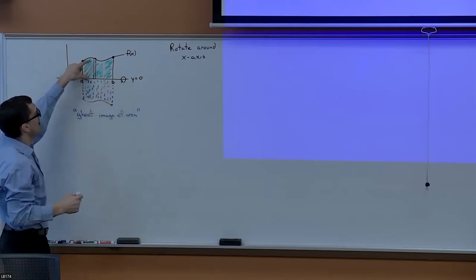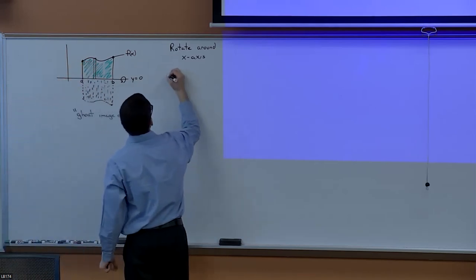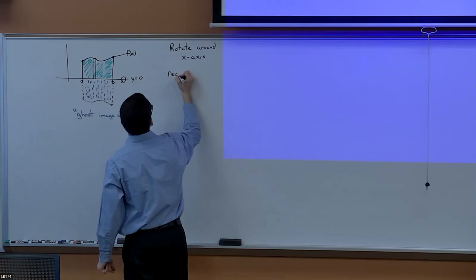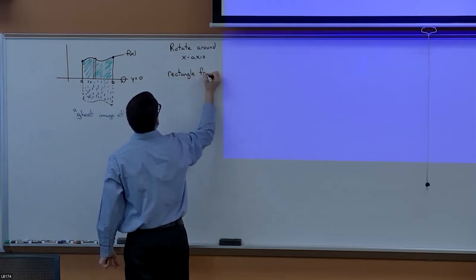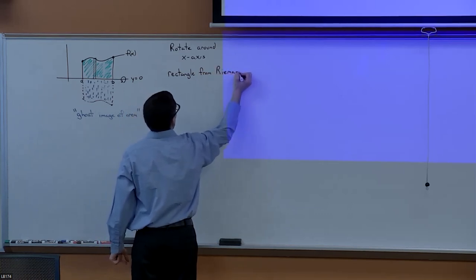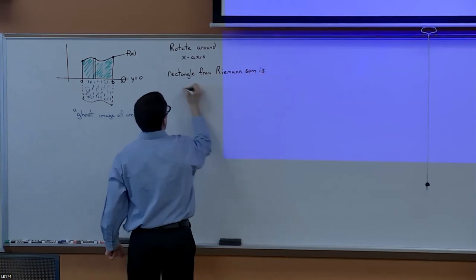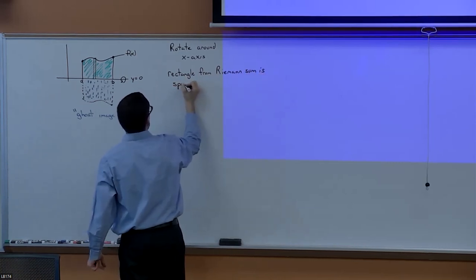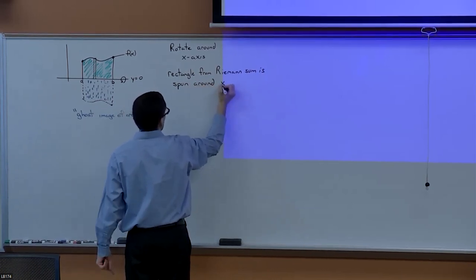Think about what would happen if one of those rectangles from the Riemann sum is spun around, in this case, the x-axis.